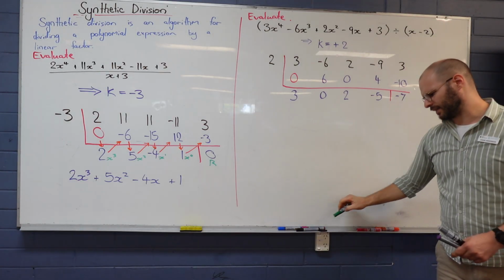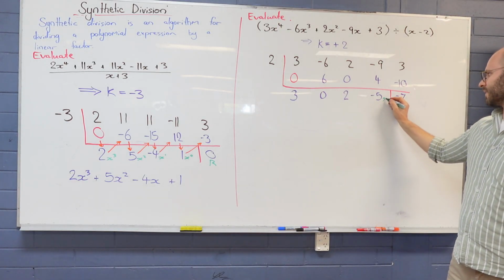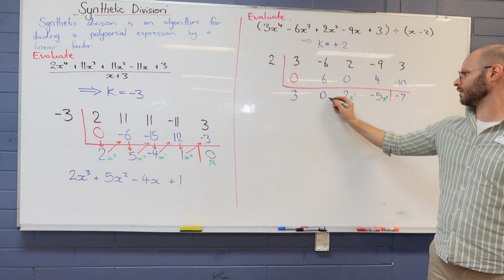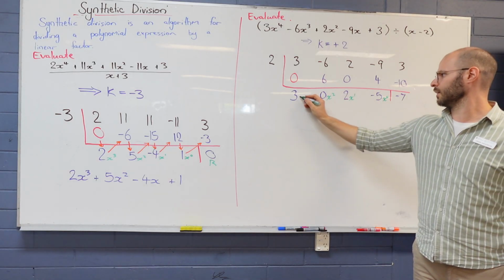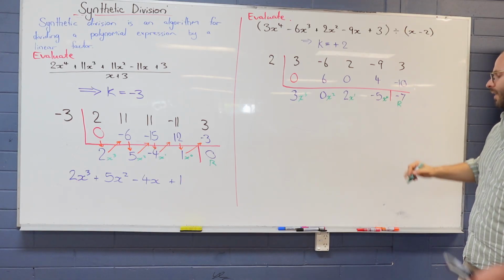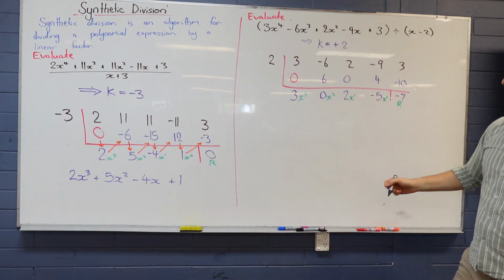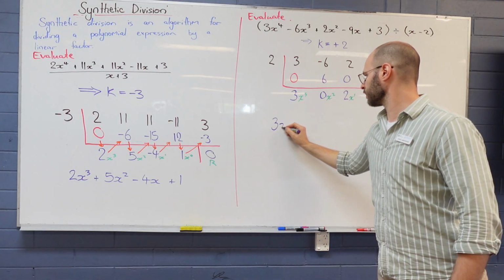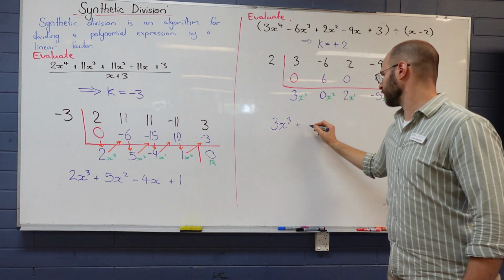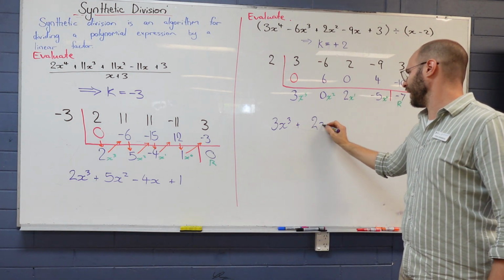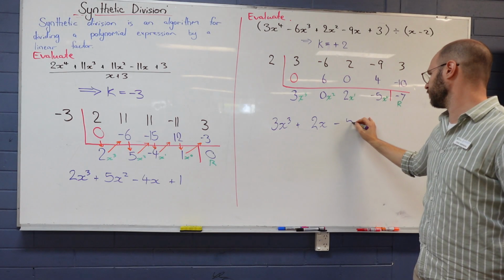Putting this together, we see that this is x to the 0, so our constant. This is x to the 1, x to the 2, x to the 3. This, of course, is our remainder. Writing this out, 3x cubed plus 0x squared, so we don't need to write it, 2x minus 5.